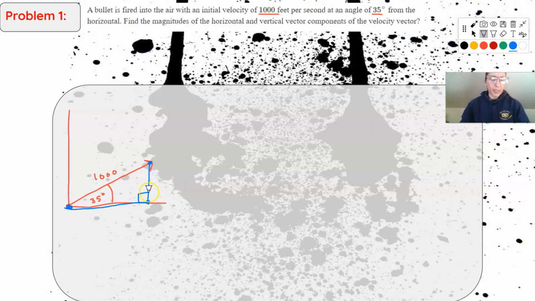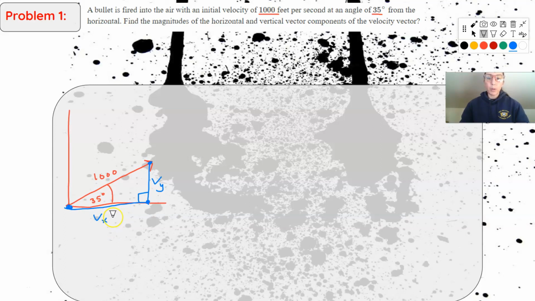Now, some labeling that you'll see, the vertical component of the vector, we call that vector y, okay, with a little subscript y, right, which makes sense because on our xy plane, y controls the height. So vertical component, v sub y. Horizontal component, v sub x, right, because x controls the horizontal movement.